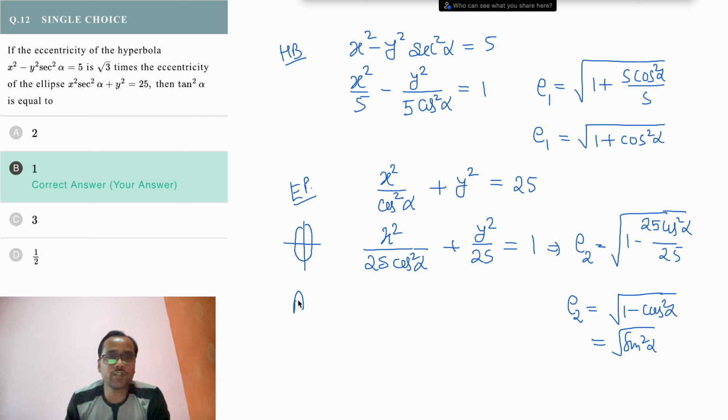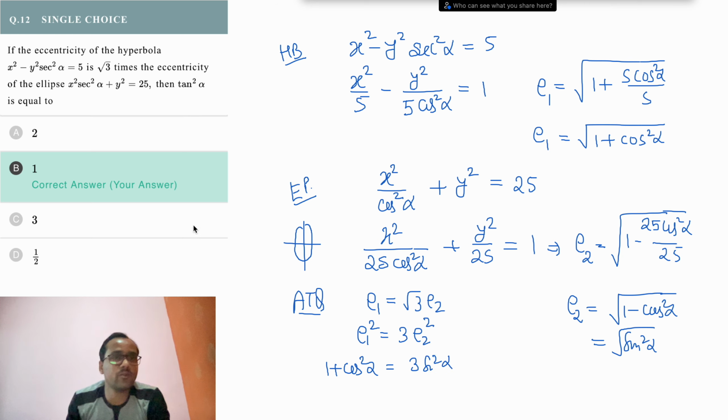Now according to the question, E1 is equal to root 3 times E2. If I square it, E1 square will be equal to 3 times E2 square. So E1 square is 1 plus cos square alpha is equal to 3 times sin square alpha. We want tan square alpha, so let me divide by cos square alpha on both sides.